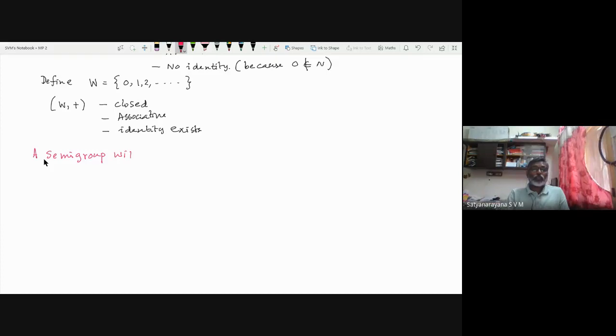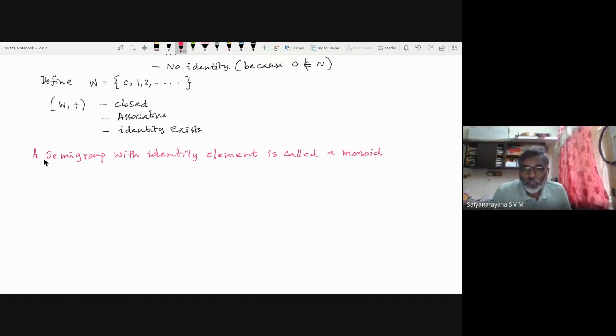A semigroup with identity element is called a monoid. It's not a name which is very much used, but there is a name like that. So since there is a name, I'm just writing it. Okay, so it is called a monoid.